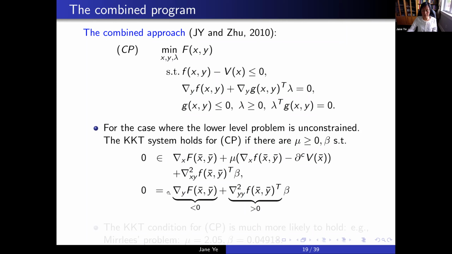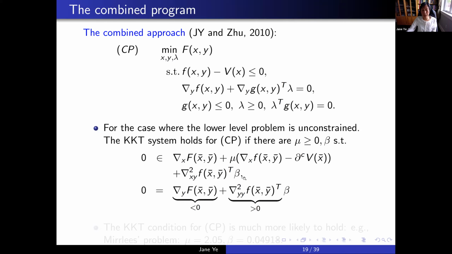So you can look at the case when the lower level is unconstrained to get the idea. Now, then it's very simple. We only have an upper level, capital F, and the lower level objective, right? And because now we have a lower level constraint, gradient of y of f equals 0, we have the second order term, okay?